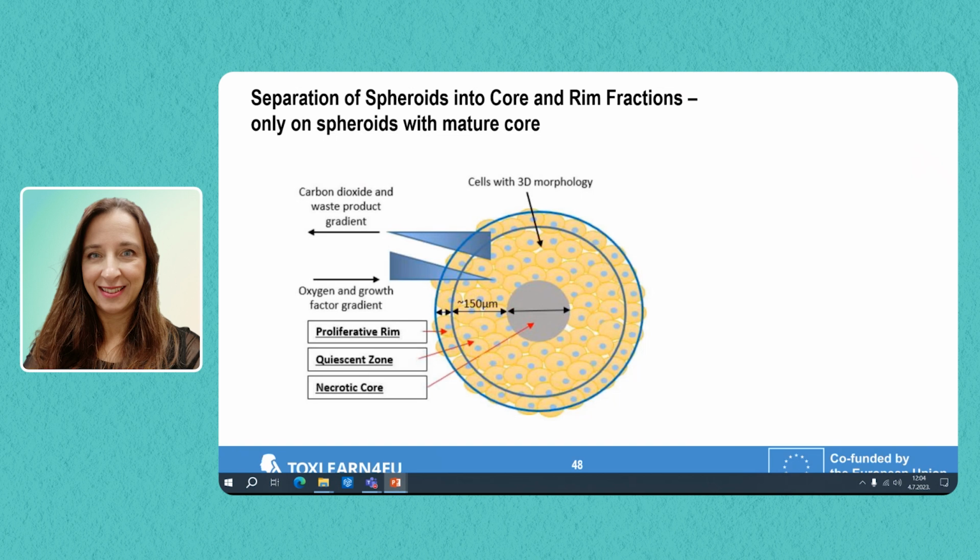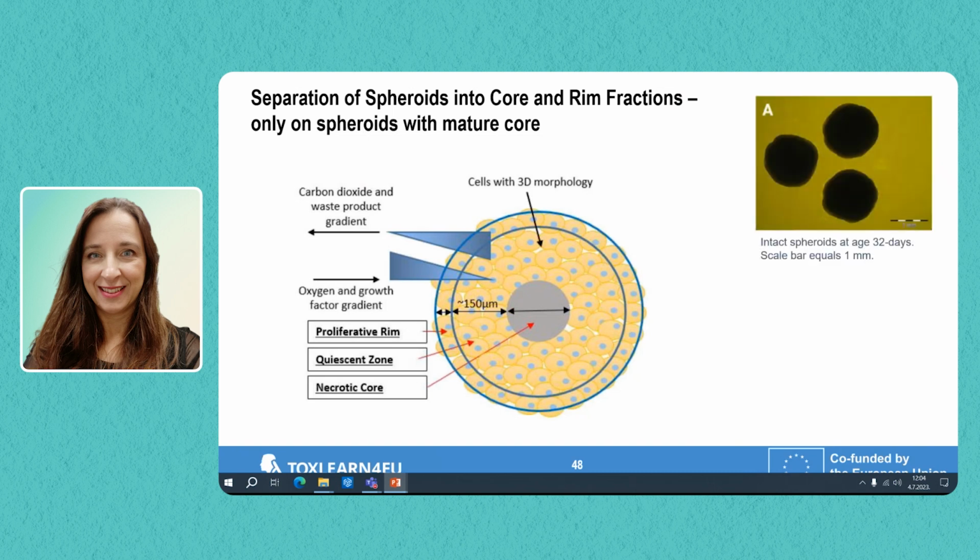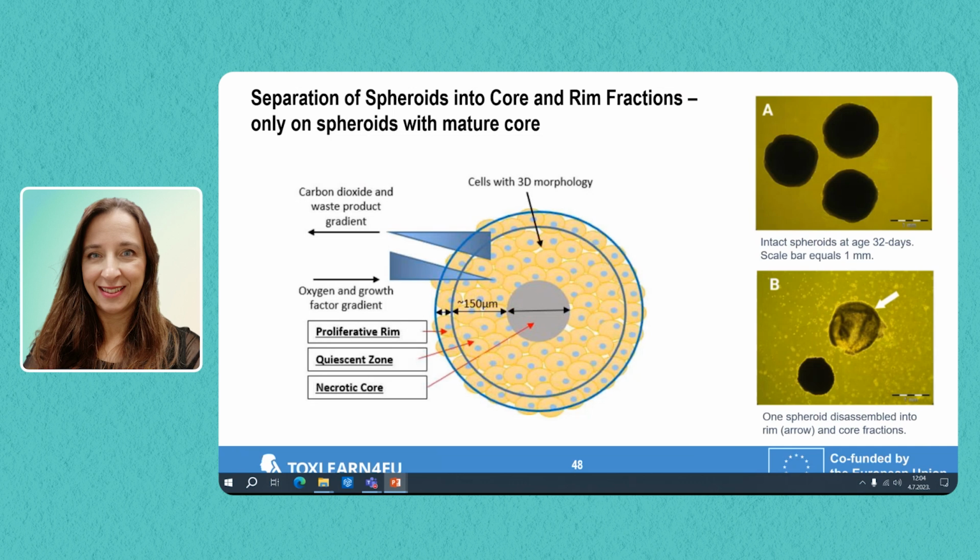I showed at the beginning these 3 layers. Of course, in these layers the cells behave differently. And in mature spheroids, we can separate these layers. Here is the outer part, and this is the inner part. So we can get 2 layers. And of course, we can check what is happening in the cells here and also here.